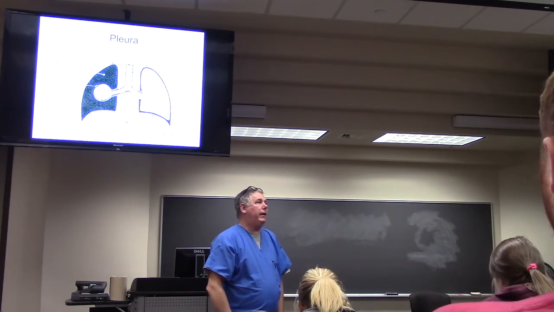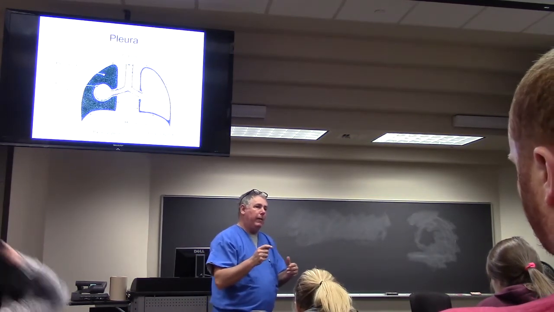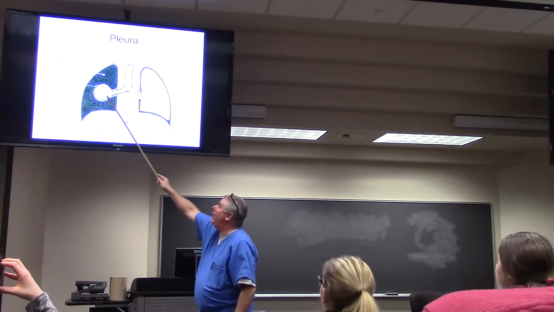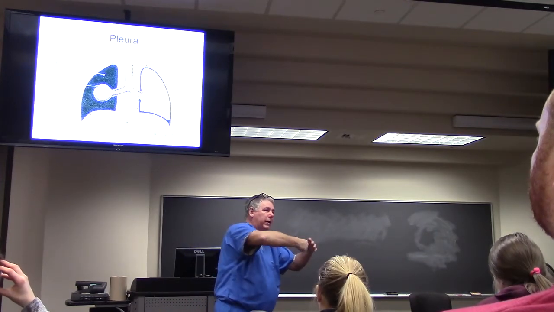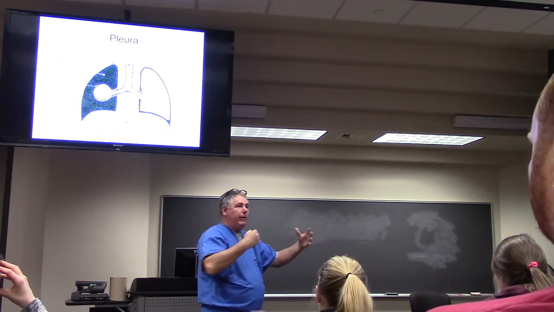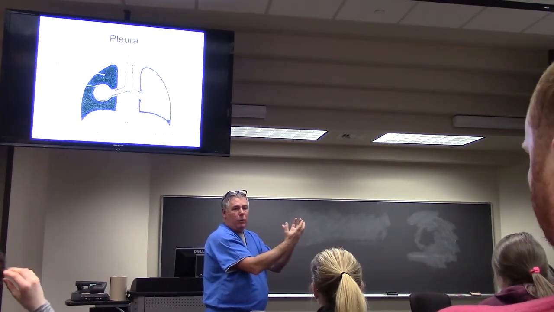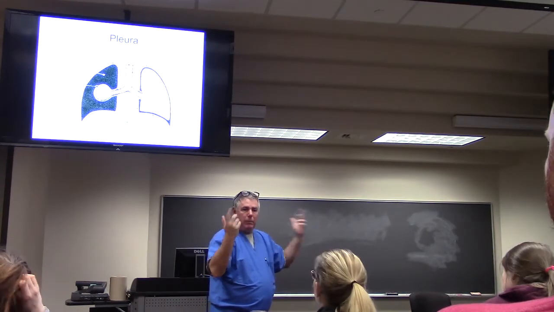Now, one thing that I'll show you later on, but it's easy to explain it here. You see how the lung bud is growing in at an angle? That's what it does. It doesn't grow straight in. If it grew straight in, then you would have the visceral pleura just around the lung and then becoming continuous with the parietal pleura, right?